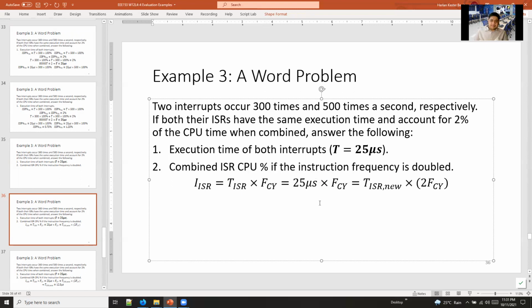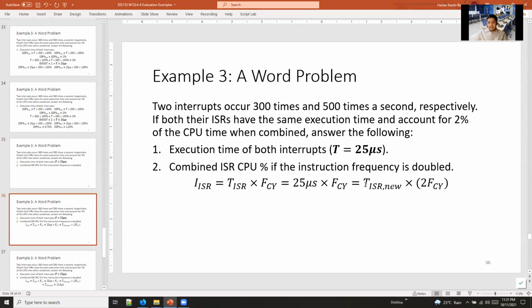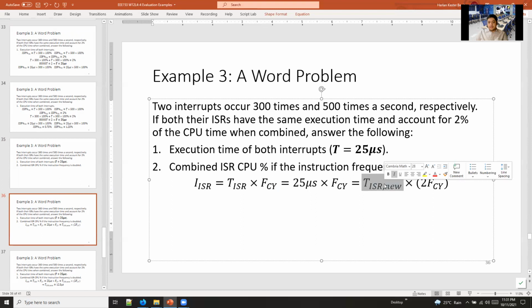So, if yung naunang timer execution ay yung unang interrupt execution time natin is 25 microseconds with instruction frequency na hindi binanggit, ang makukuha nating bagong execution time should be equal doon sa product na to if i-multiply natin siya dun sa bagong instruction frequency na 2fcy.